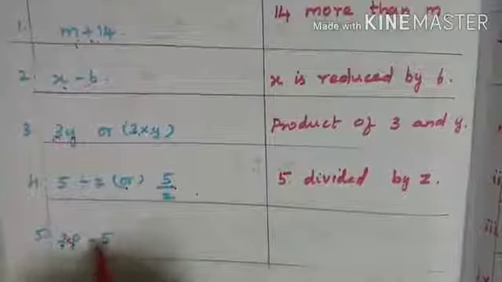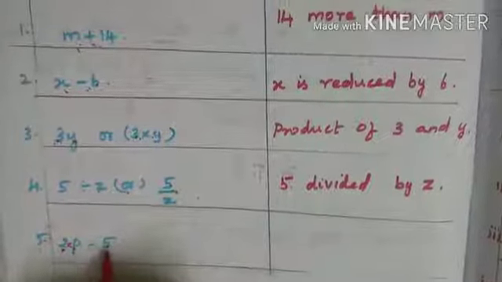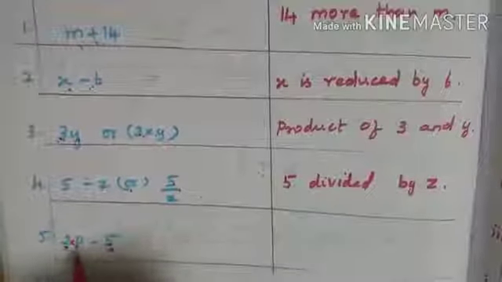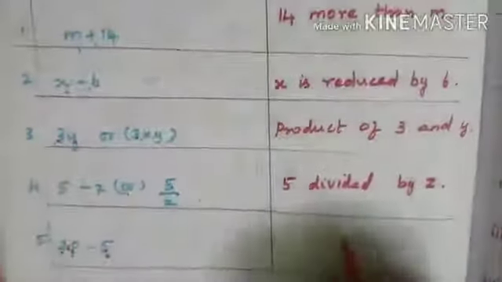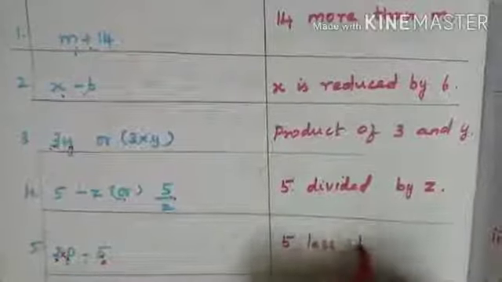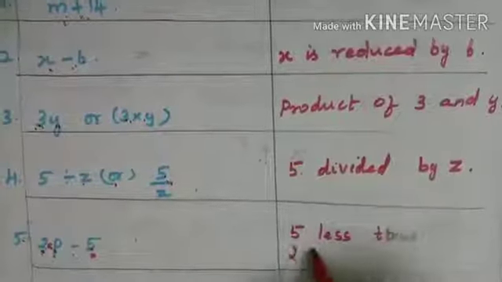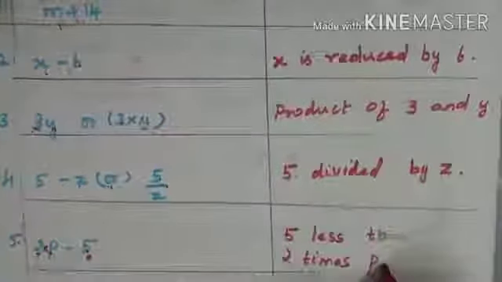We can write 5 less than 2 times p. Otherwise take away 5 from 2p. Take away, we are taking out. Therefore we can write take away, otherwise 5 less than 2 times p.